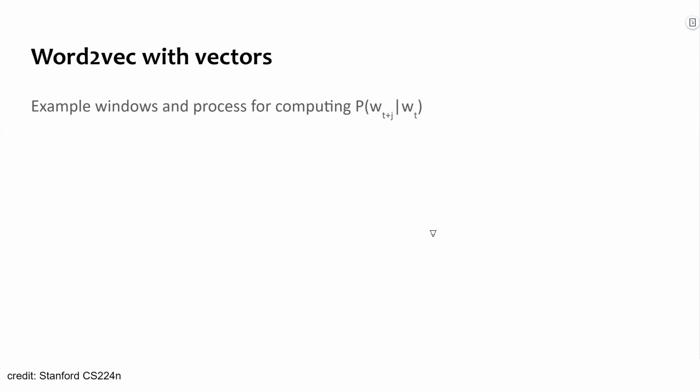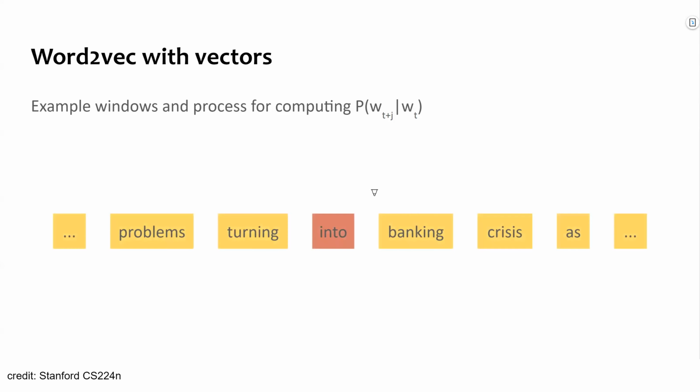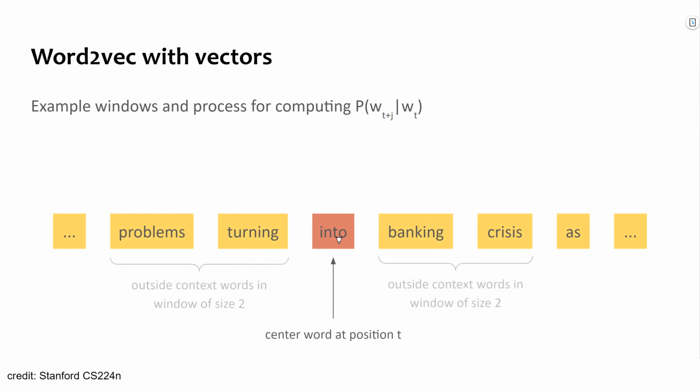Okay, here is an example of windows and the process for computing this probability. In the previous example, this was the center word, and these are the outside context words in a window of size 2. When you calculate the probability of turning given into, you need to use U and V. Because into is the center word, we use V here, and U here because turning is a context word.